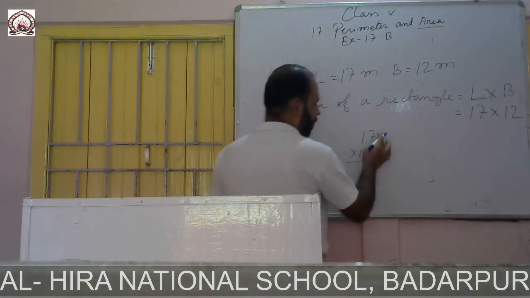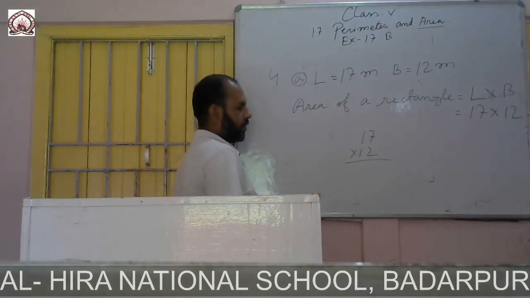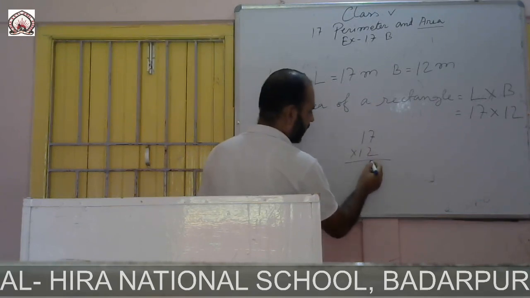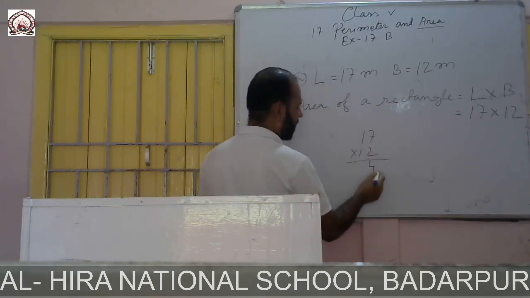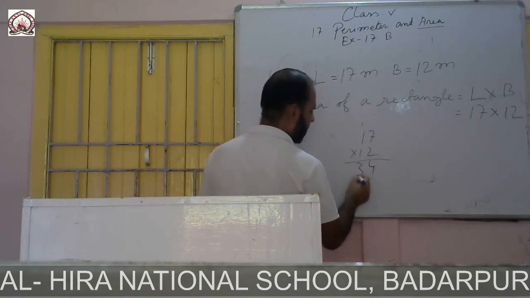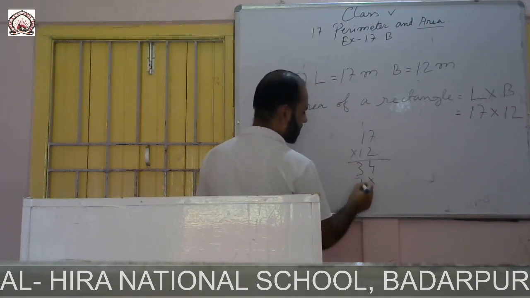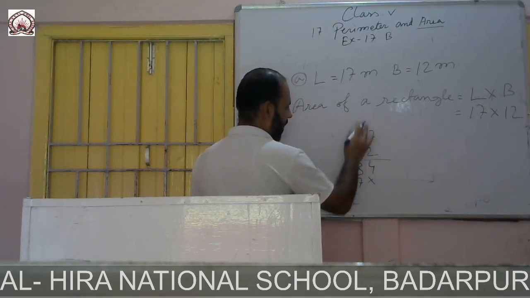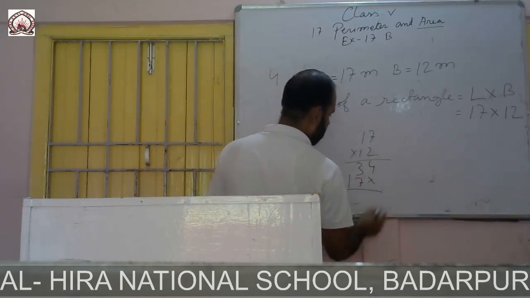So 2 times 7 is 14, 4 and 1 in my hand, 2 times 1 is 2, 2 plus 1 is 3, and 7 times 1 is 7, 1 times 1 is 1.